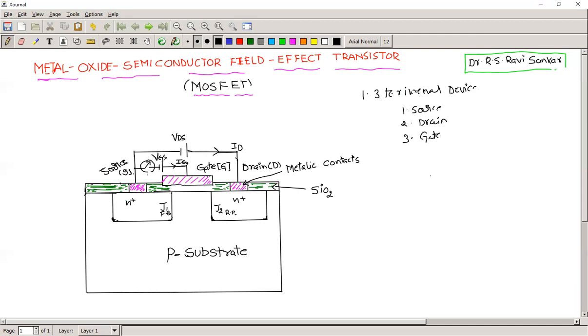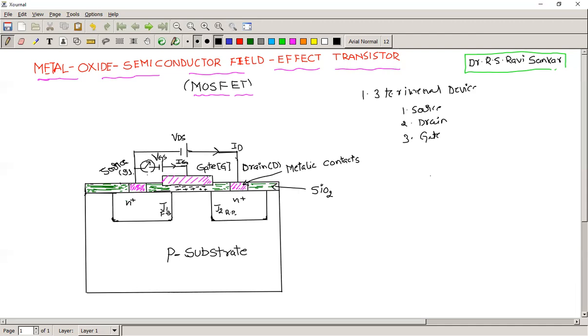Now we are closing the switch in the gate terminal. Whenever we close the switch on the gate terminal, because of this voltage, a field will be induced inside the silicon dioxide. This is the silicon dioxide layer. Here negative charges are accumulating, and on the other side of the silicon dioxide the positive charges are accumulating due to this voltage.